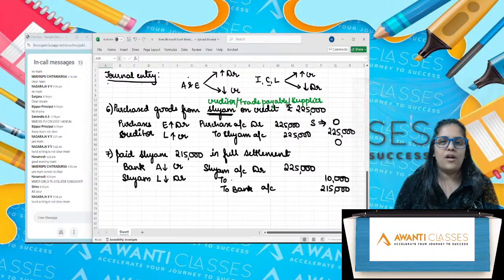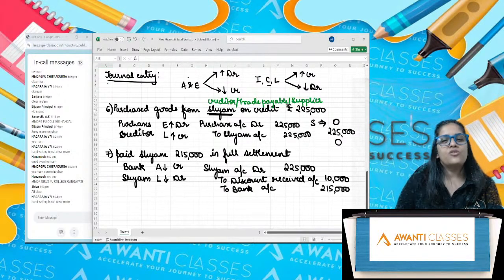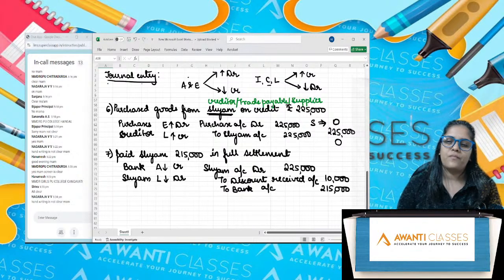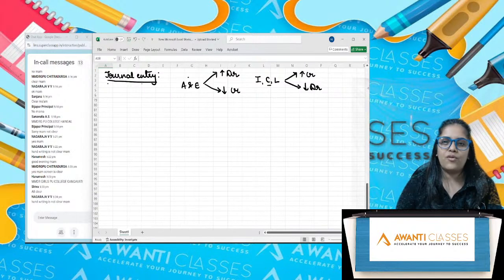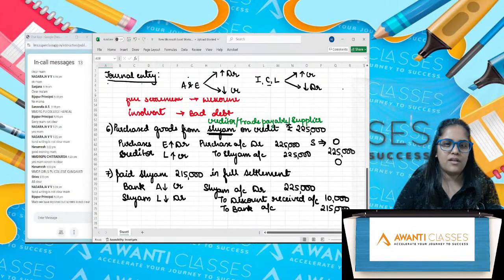This is called discount received. So if the words are full settlement, then it means it is a discount received. Okay, I'm going to give you 1 minute to understand this journal entry.